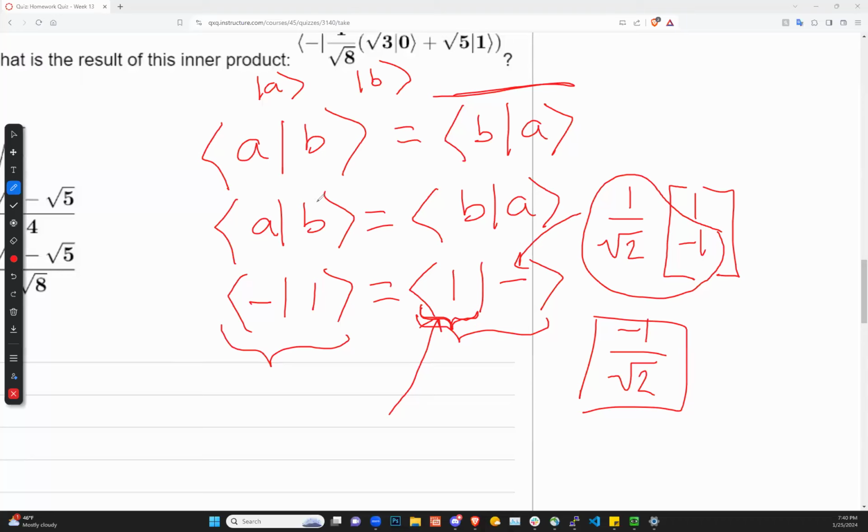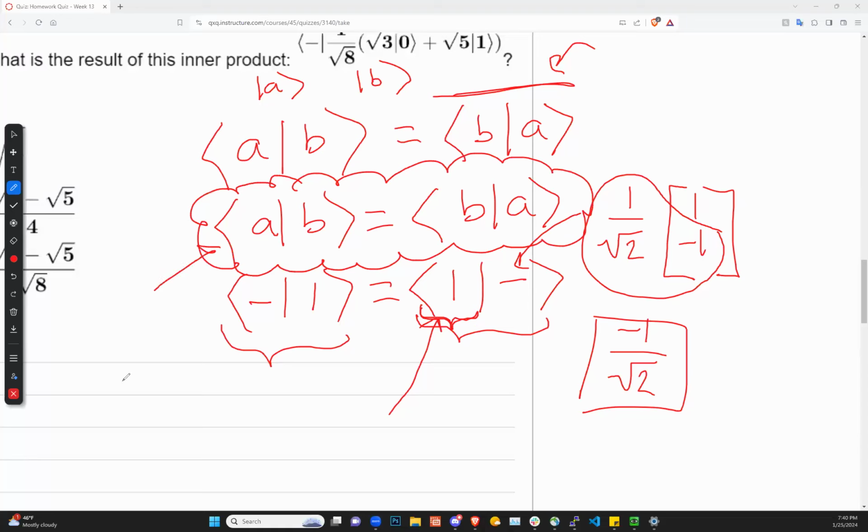So in general, what I wrote here is not true. The complex conjugate will throw in a minus sign sometimes. But because we're not working with complex numbers at all this semester, you don't really have to worry about that. So you can just switch the order if it makes the computation easier, which sometimes it does. Sometimes it does not.